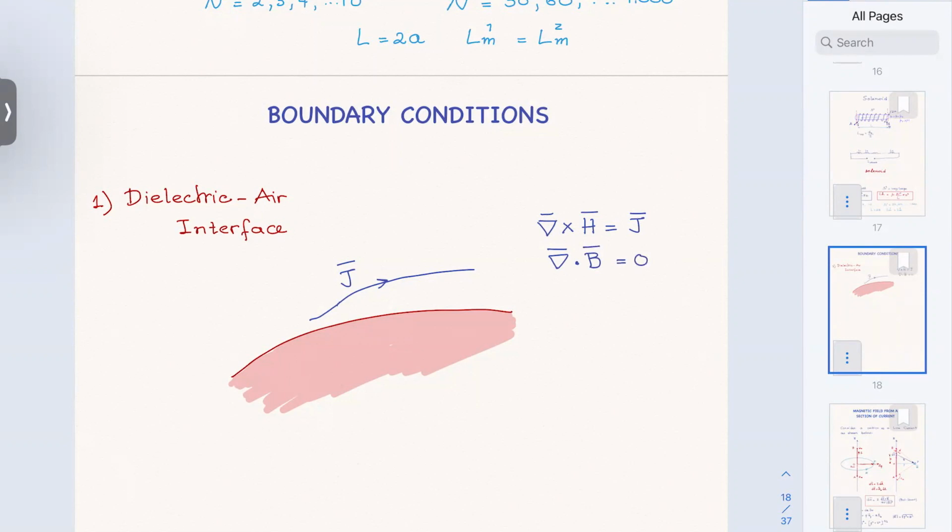And that is because we don't have magnetic charges. So the first one is Ampere's law, the second one is the divergence of B.